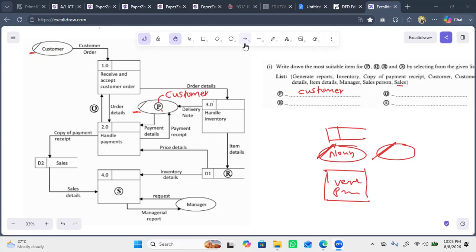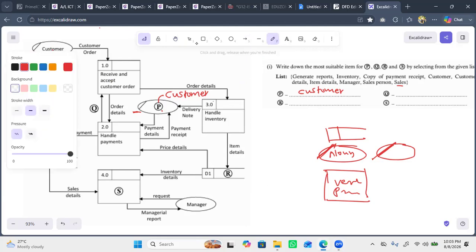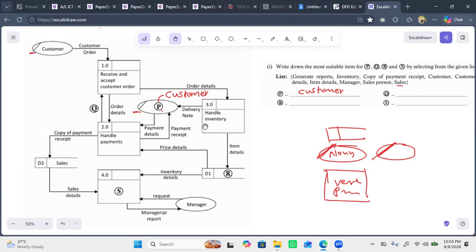No. Usually in a business, I told you to think like a system analyst. When you write a receipt, who keeps the receipt? Customer. Who keeps the copy? We do, right? Are we giving the copy of the receipt to the customer, or are we giving the receipt paper to the customer? What are we giving to the customer really?